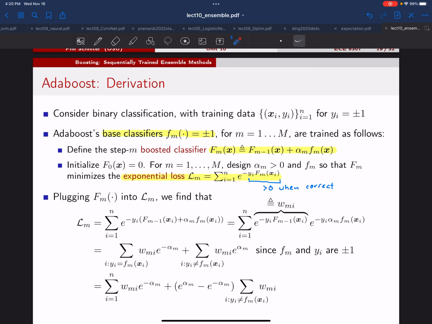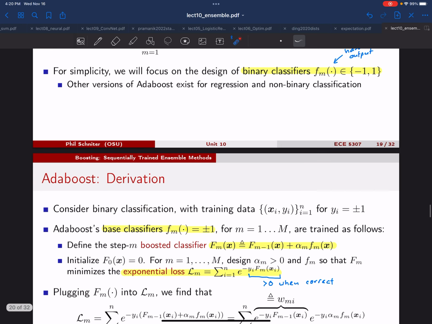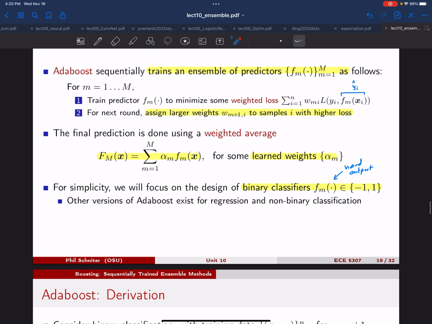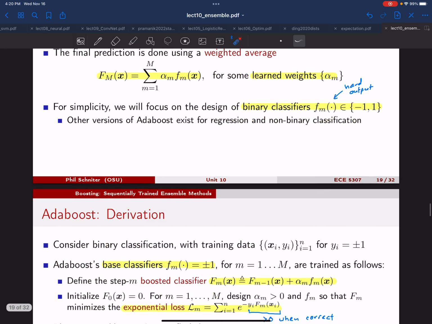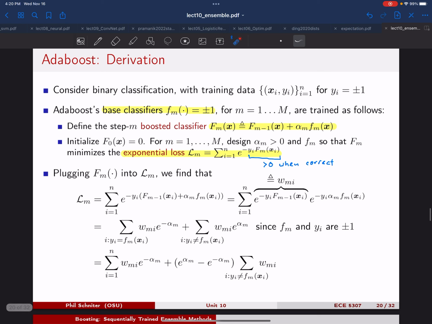So this script L m, this is the exponential loss at stage little m. So here's what we have. And all I did here is I plugged in, for this capital F m, I plugged in this value here, and then we get this expression.